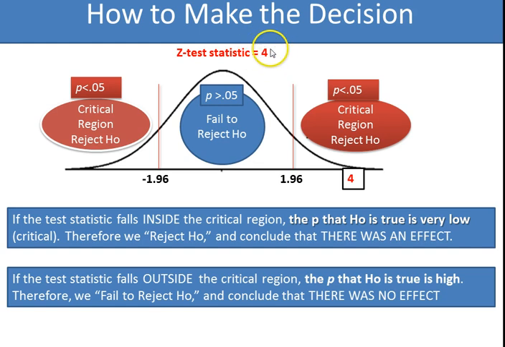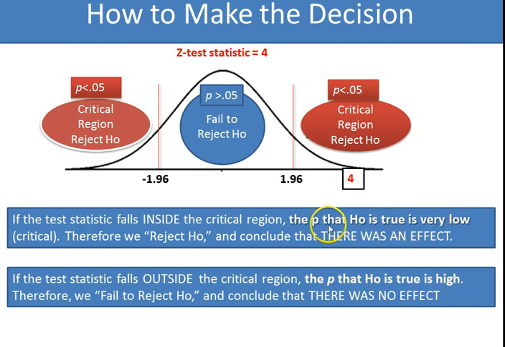Our mathematical outcome is a low probability outcome, and it is in the low probability area that we call the critical region. So if the test statistic, the mathematical outcome, the 4, falls inside the critical region, and it does, because remember the critical region is the tail, so the 4 does fall inside this critical region, then the probability that the null hypothesis H0 is true is very low.